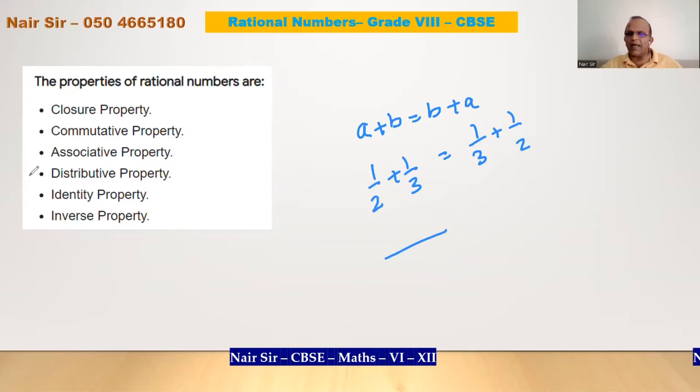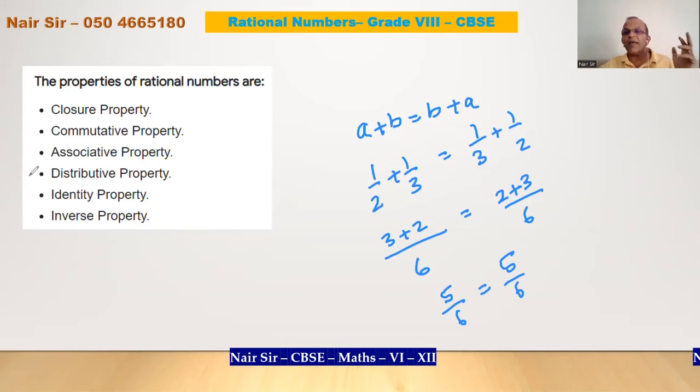When I do this cross multiplication, what do I get? So the commutative property for addition is true.